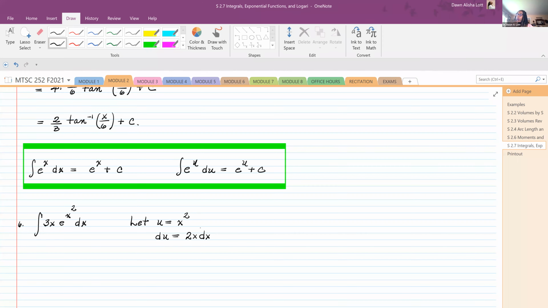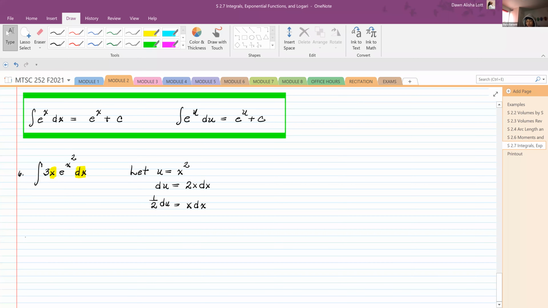Okay, we're going to substitute. So I see x dx in the problem already. Here's x dx. I already see x dx. So we need to solve for it. 1/2 du. Okay. So this is 3 times the integral of x e to the x squared dx.